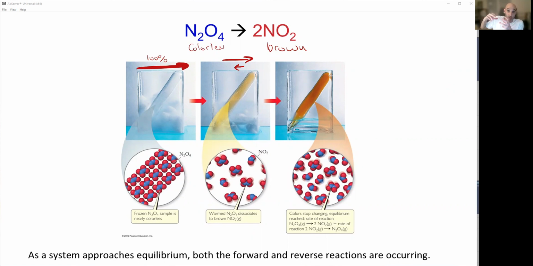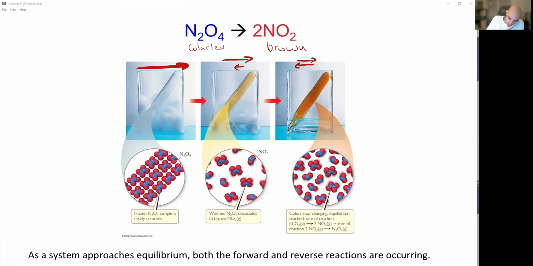Two NO2s combine to form N2O4, but it's just slower than the forward reaction. Eventually we get to an equilibrium, where the forward reaction and the reverse reaction are equal to one another.